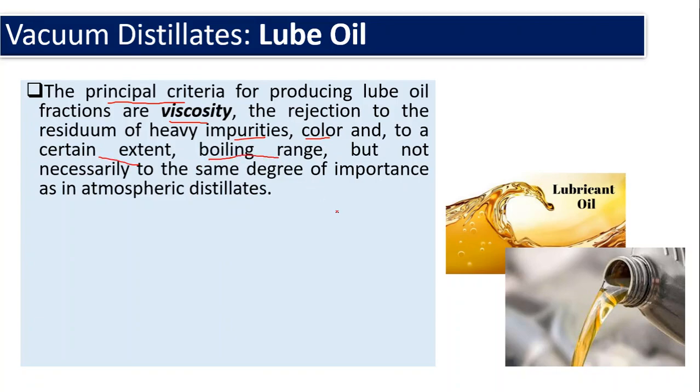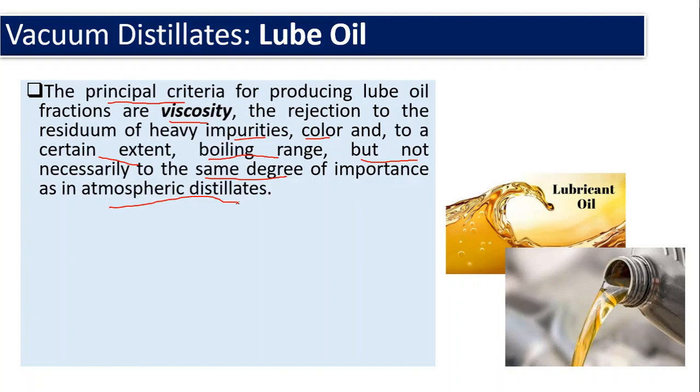So these are the principal criteria, but the boiling range is not as necessary to the same degree as in the case of atmospheric distillation. You can maintain the boiling range also for the production of lube oil, but that can be with two or three degree changes from your objective. For example, you want to produce the 650 degree Fahrenheit product and now the product is 670, so there is a 10 degree difference.